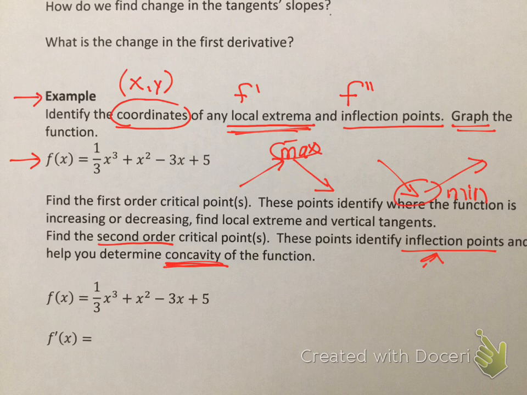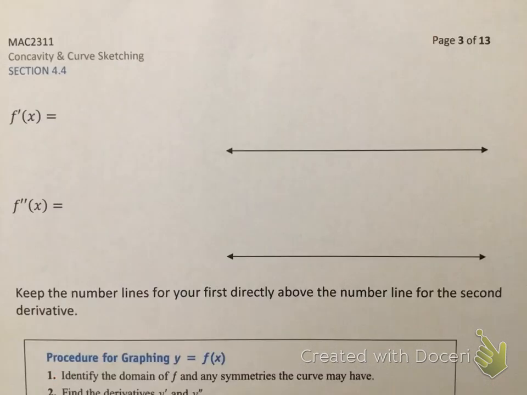So let's go ahead and take the first derivative of this function, which would give me x squared plus 2x minus 3. So that is my first derivative.